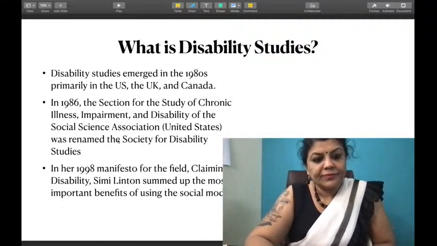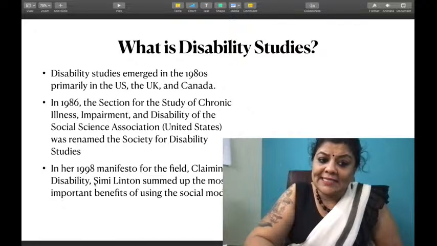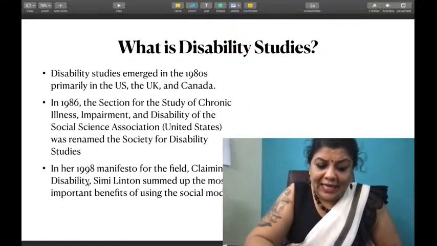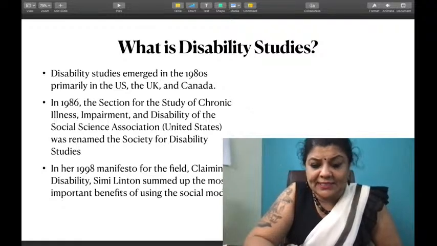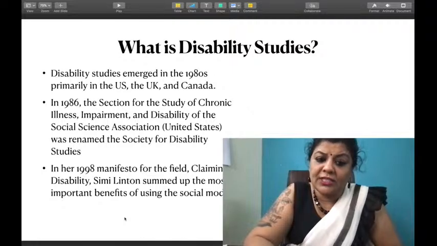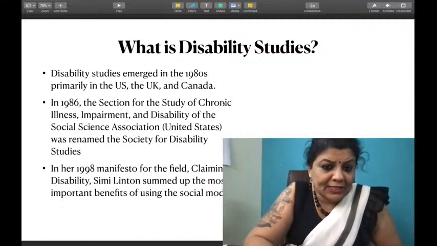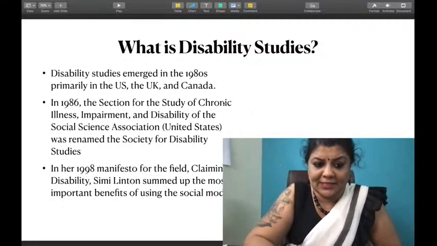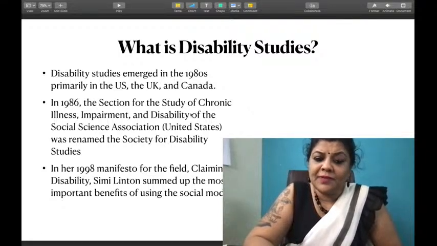In her 1998 manifesto, Claiming Disability, a very famous theorist, Simi Linton, summed up the most important benefits of using the social model. What is the social model of disability?